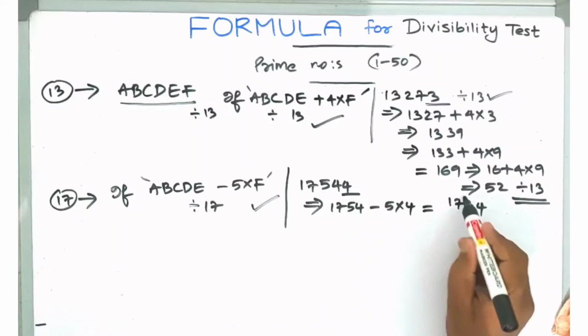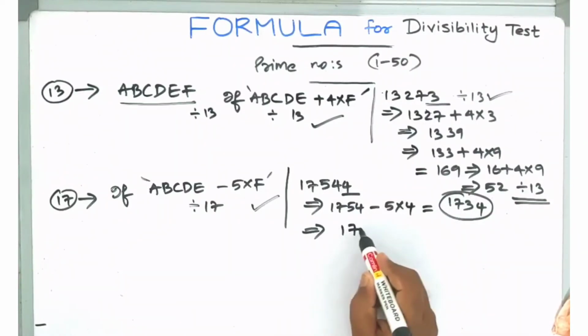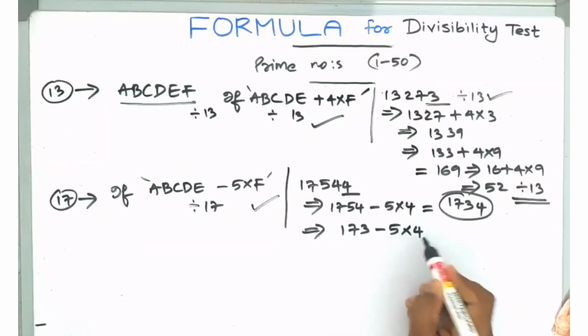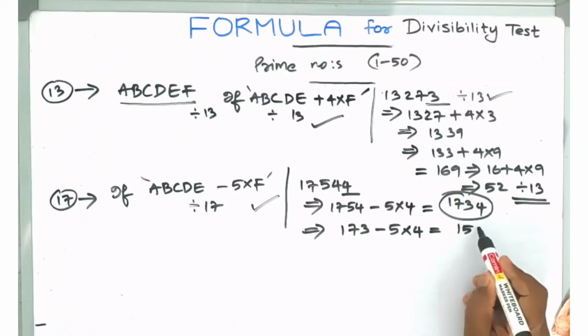And applying this rule again in this number, 173 minus 5 into 4, that is 153.